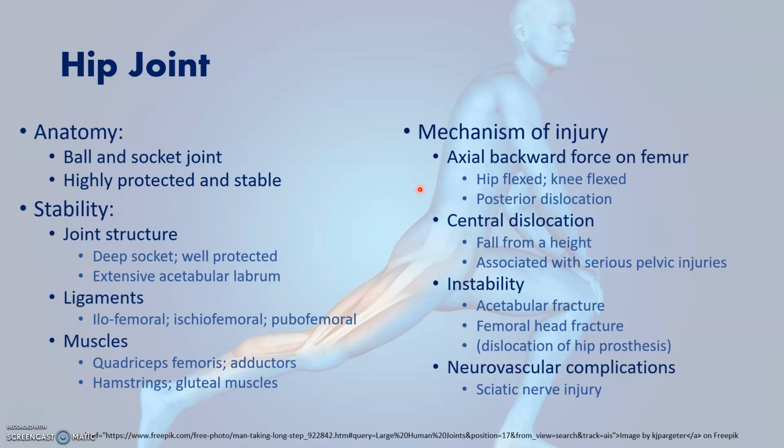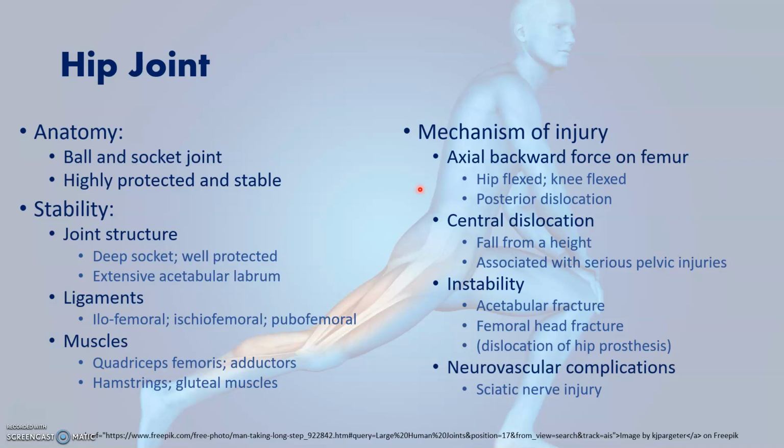This is a deep ball and socket joint which is well protected by very strong muscles and the bones of the pelvis. And apart from the bony acetabulum, this is extensively increased in size by the acetabular labrum, the cartilaginous part of the acetabulum.